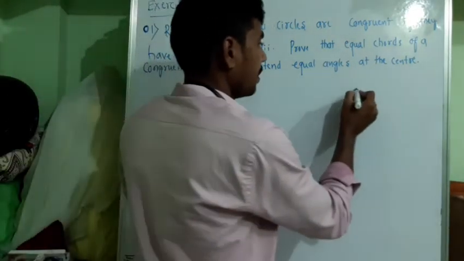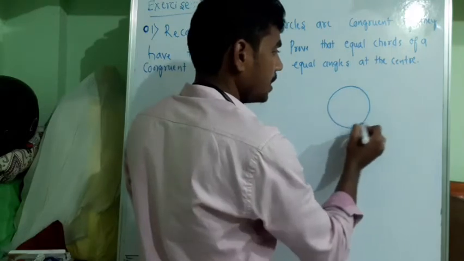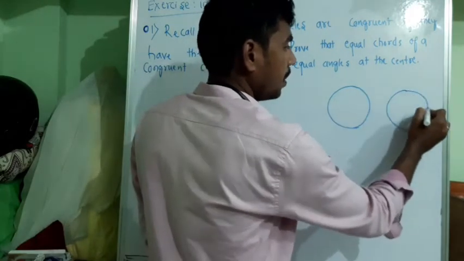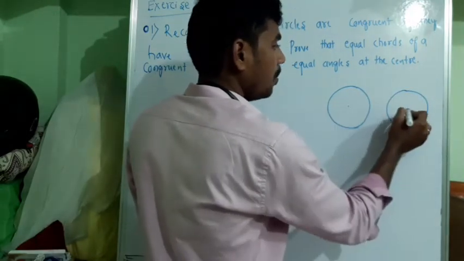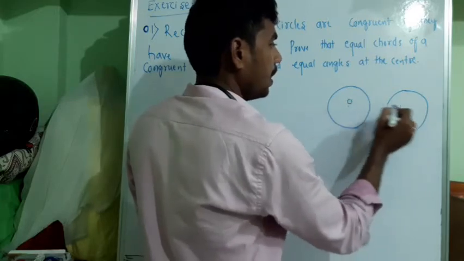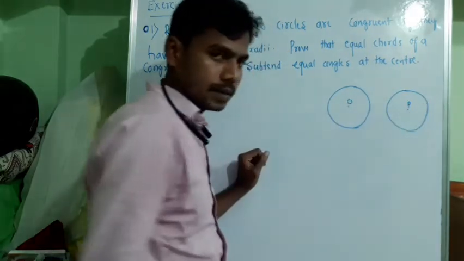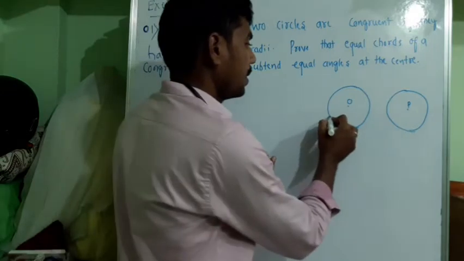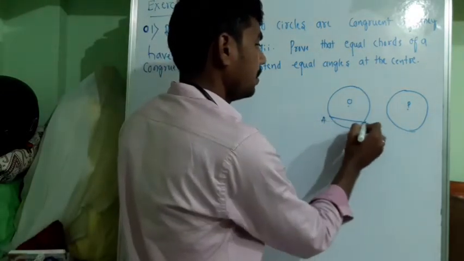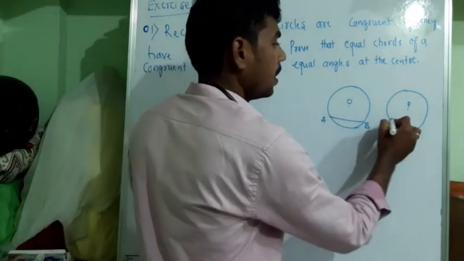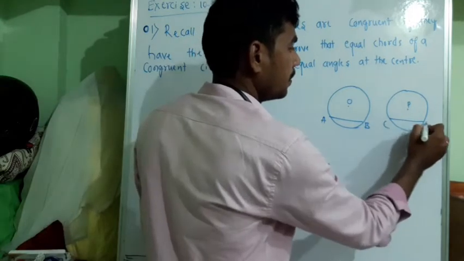See, this is one circle and this is the other circle. Let O be the center and let P be the center of the other circle, and AB is a chord of this circle and CD is a chord of this circle.